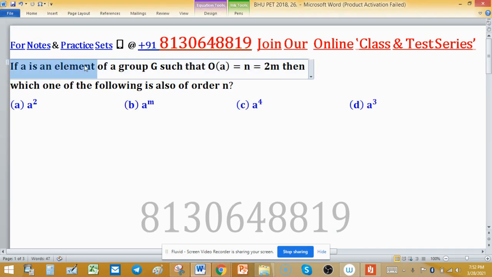If A is an element of the group G such that the order of A is n and n is equal to 2m, then which one of the following is also of order n?